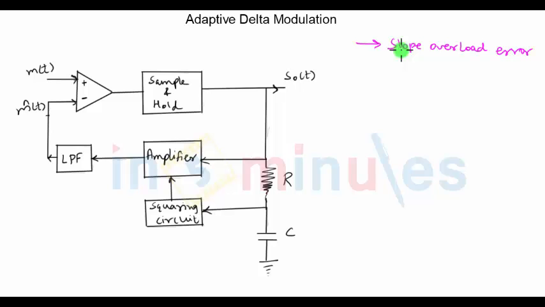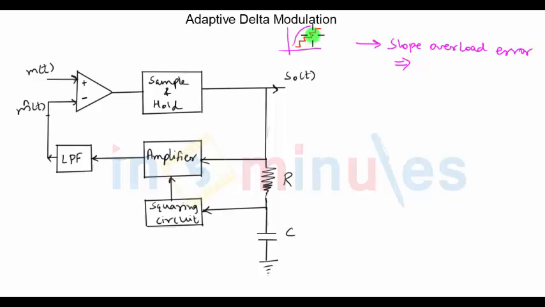Now if you recall the waveforms that we had drawn in delta modulation, how will you understand that the slope overload error is taking place? Let us take a simple example. Let's say m of t is increasing very fast, and m cap t is increasing with fixed step size.